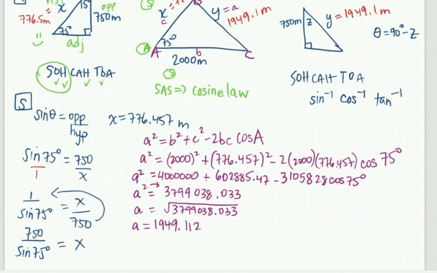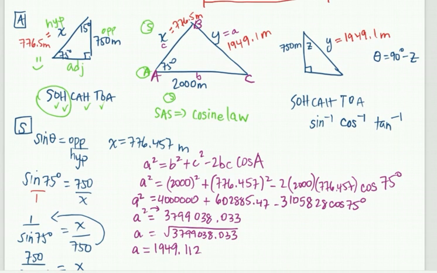Okay, so we need to use SOHCAHTOA here in order to get to our z, our angle z. So we're going to go through here and add in. Okay, so again, the important angle that we're standing at is here. Then this is the opposite side, that's the adjacent side, and this is the hypotenuse that we just found.